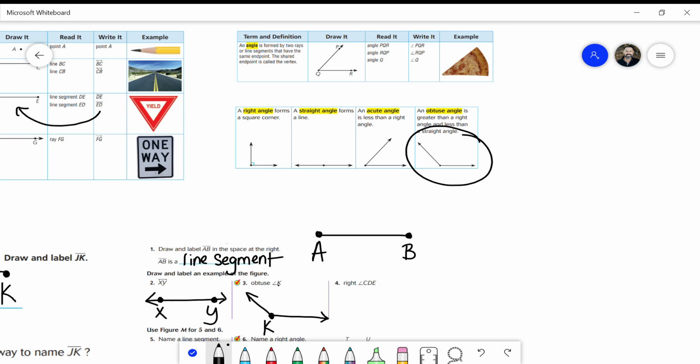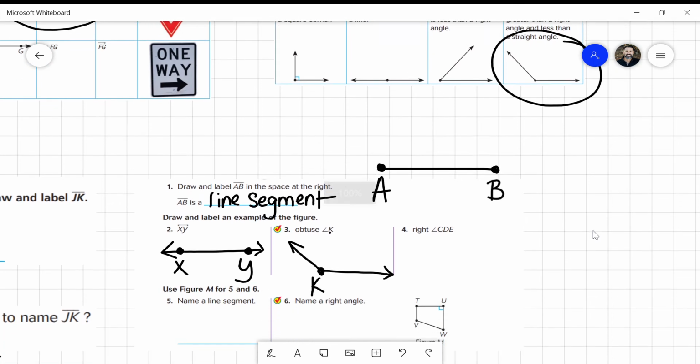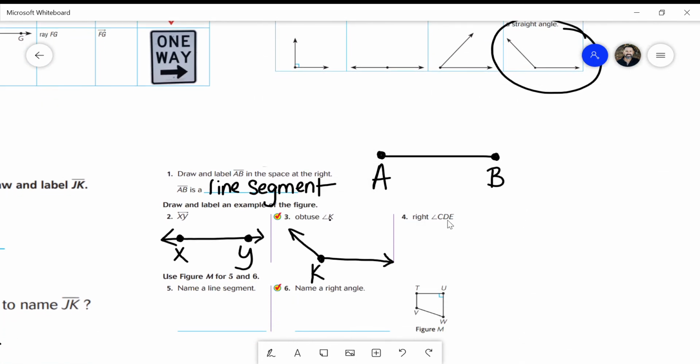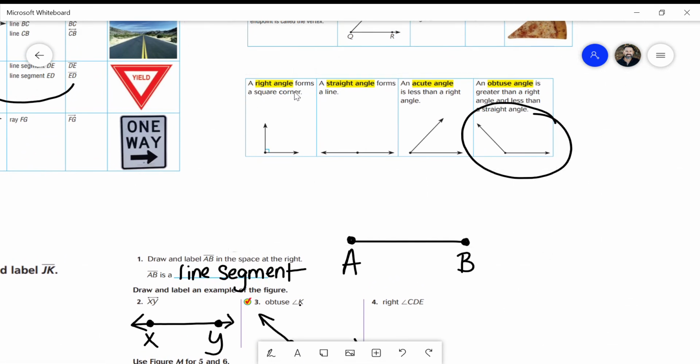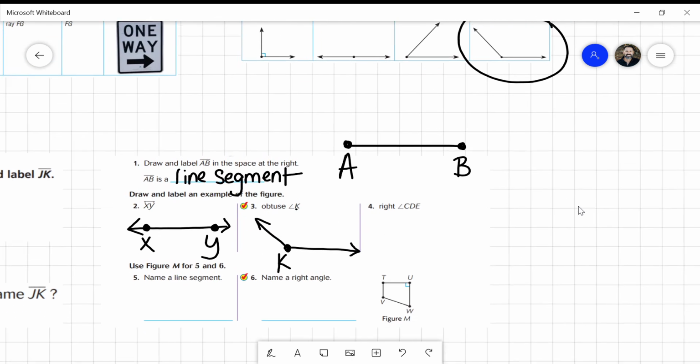Number 4 says we're going to go ahead and draw a right angle, and we know that symbol now means angle, right angle CDE. If we need a little reminder of what a right angle is, it's where it forms a corner of a square. So I'm going to draw exactly that.